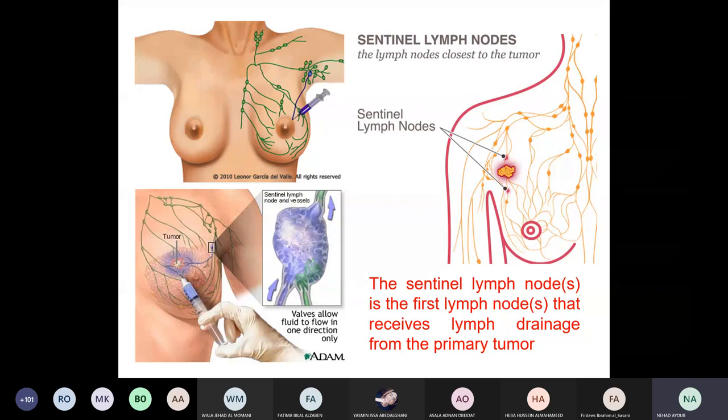That is questionable. So can we tell if there is lymph node involvement or not without the need to do axillary lymph node dissection?